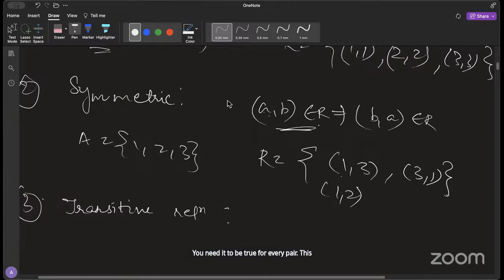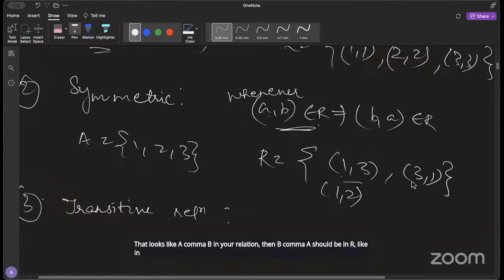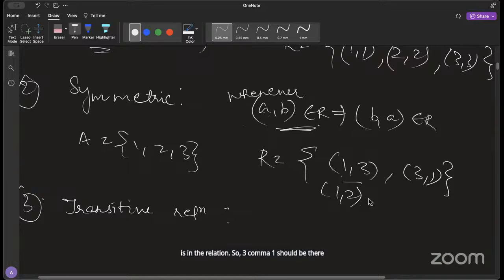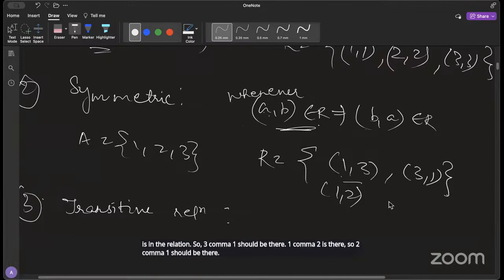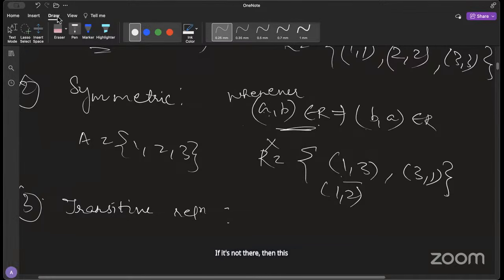This means whenever (a, b) is an arbitrary element in the relation, whenever you have a pair that looks like (a, b) in your relation, then (b, a) should be in R. Like in this one, (1, 3) is in the relation, so (3, 1) should be there. (1, 2) is there, so (2, 1) should be there. If it's not there, then this is not symmetric.